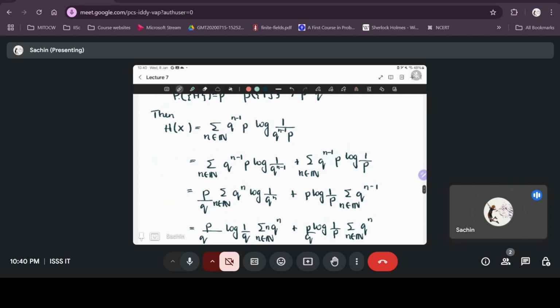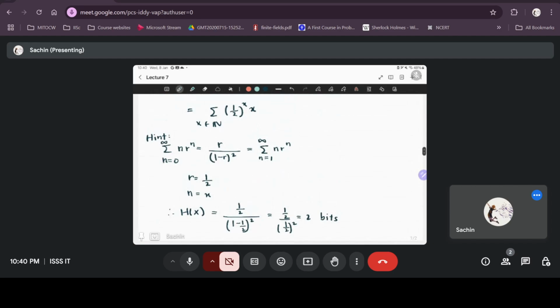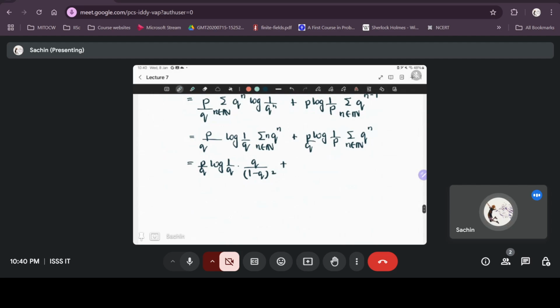Then the formula summation n q power n over all natural numbers is nothing but q over (1 minus q) whole square. So this is p over q times log of 1 over q times q over (1 minus q) whole square plus p over q log of 1 over p.